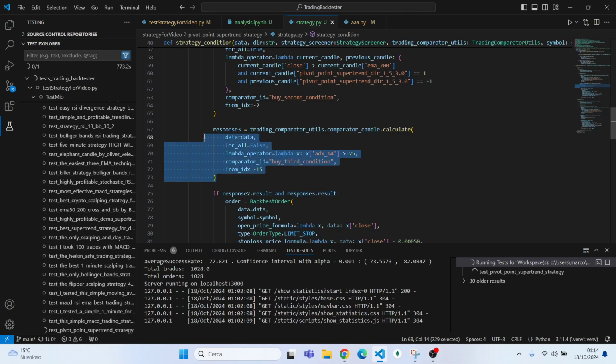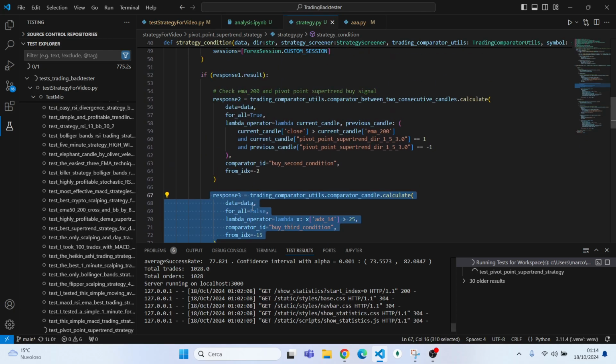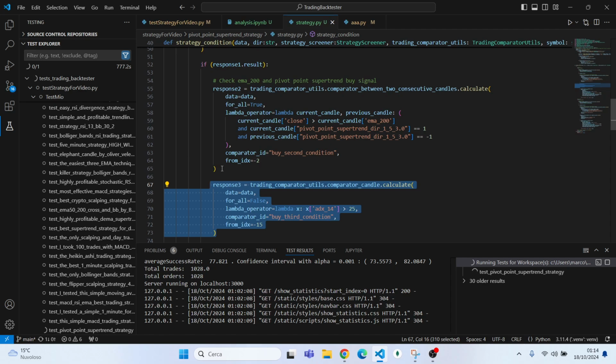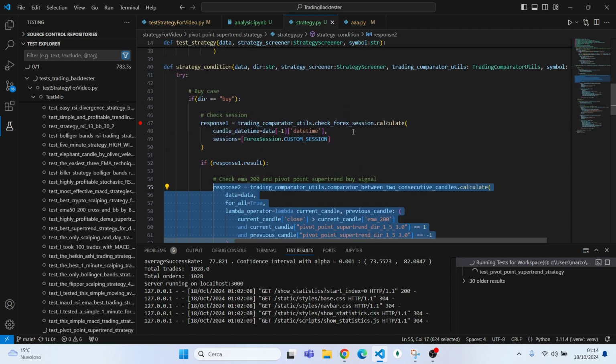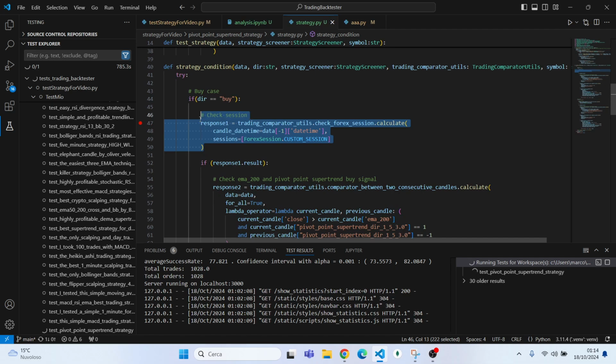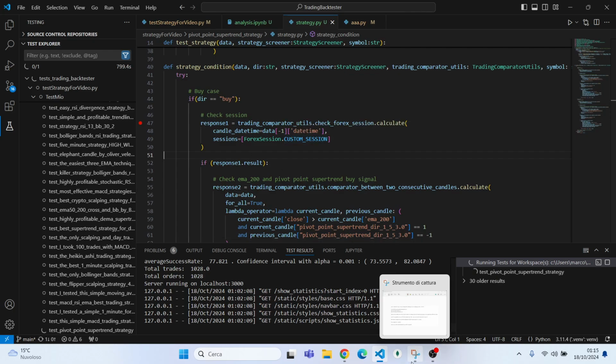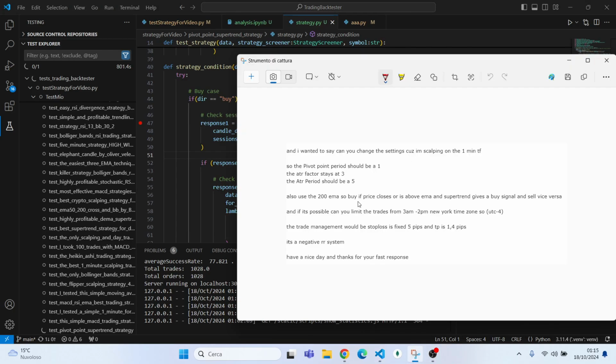As you can see, here is the condition of ADX. We are checking for the pivot point super trend, the signal, and here there is also the code of the check of the trading session, because the man who wrote me asked me to use a custom session, and it is the one I showed you here.